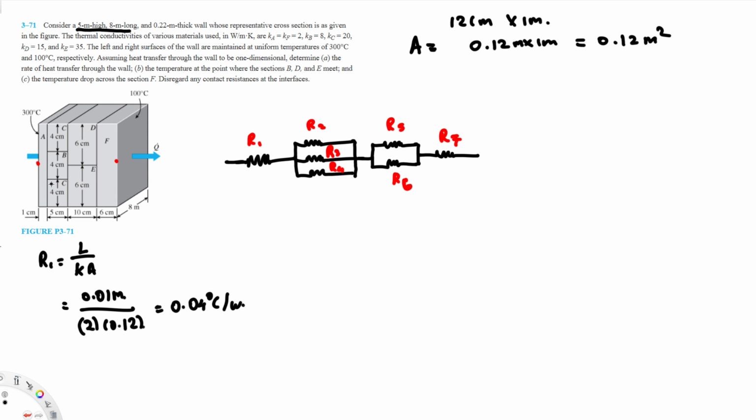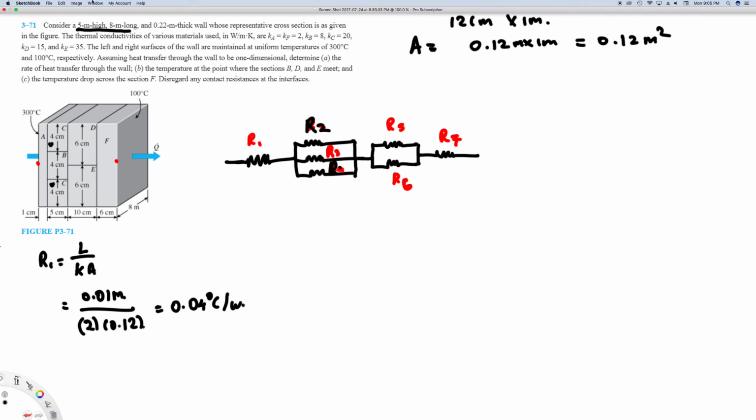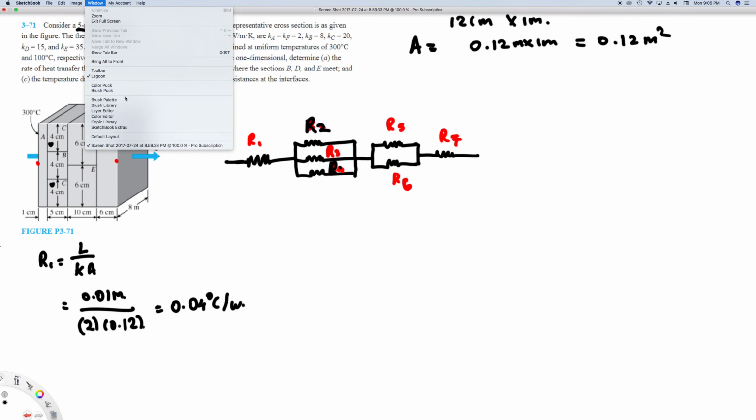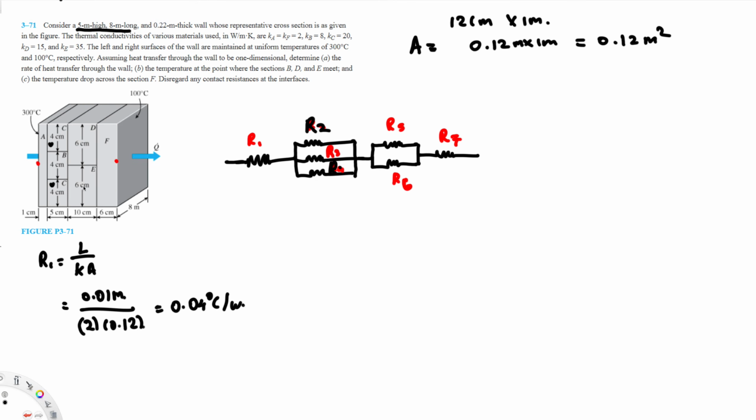But if you notice, R2 and R4, so we assume this one is R2 and the bottom part is R4. If you notice, both of them are given by C, and the height is the same, same material.